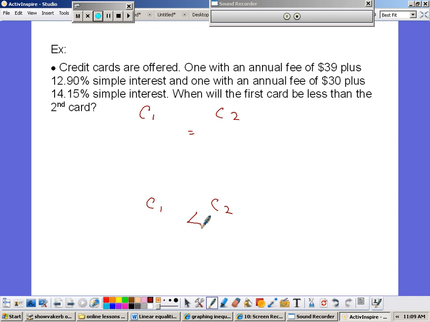So it's going to cost me $39, and I have to change this to a decimal. I know it looks like a decimal, but it's not. It's a percent. And then I'm going to change my $30, and I'll change this to a decimal.